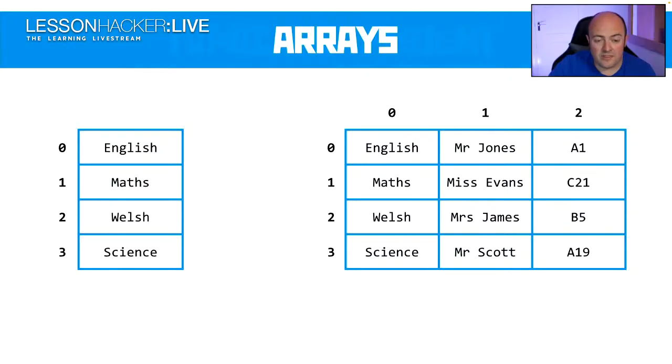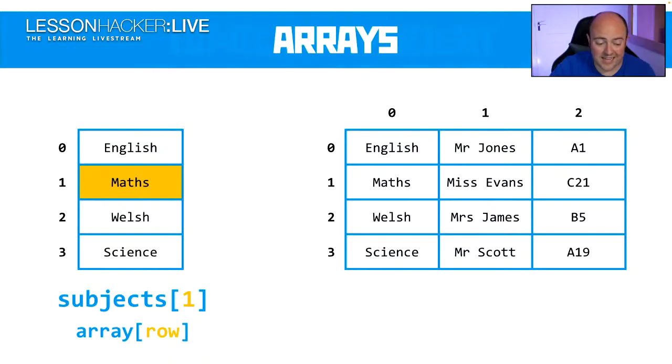Now, on the left, we have a one-dimensional array. If I want to access maths there, notice we start counting from 0. I would go for subjects, square brackets, 1. That is the array name and the row number. That would access that part. The two-dimensional array on the right, if I want to access Mrs. James, I would access that with subjects 2, 1.